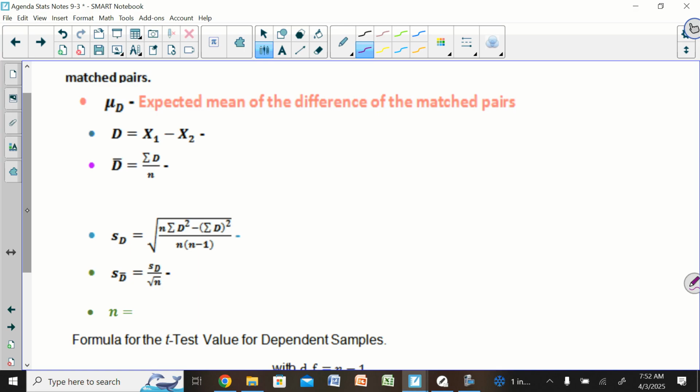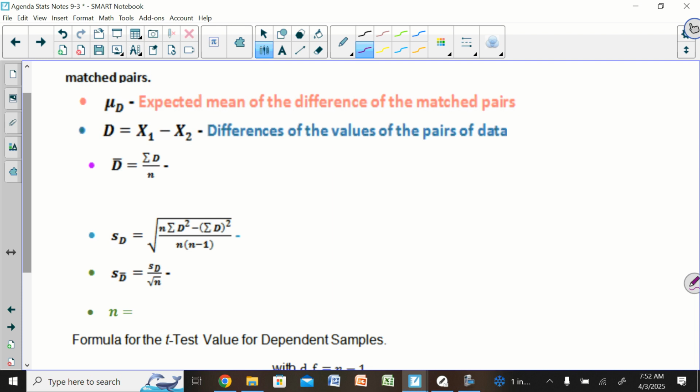Because, right, mu is population, so this is what we expect to happen. D is something we're going to have to calculate. D, capital D, stands for difference, and this is the actual differences. So we take X1, our first sample, minus X2. So it's the differences of the values of the pairs of data.